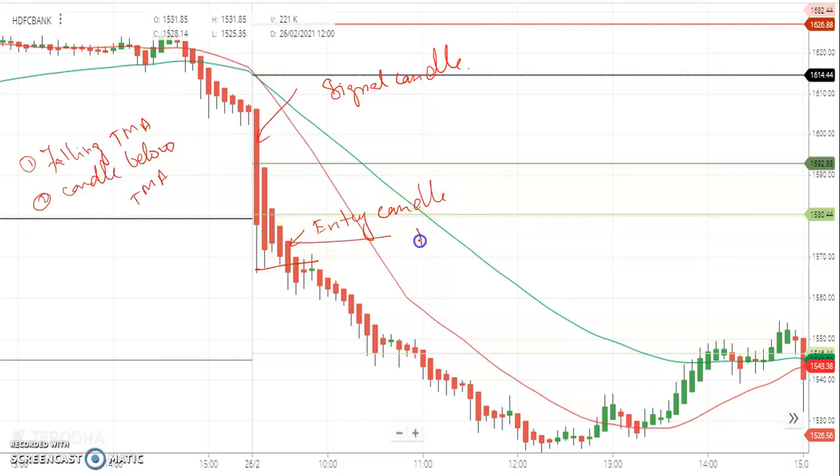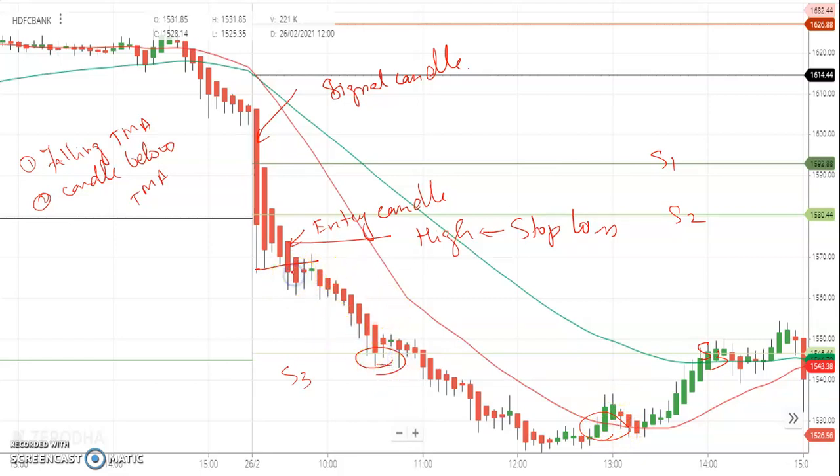The entry candle high is the stop loss. And as you can see, this is S1, S2 and S3. The target will be S3 initially, then trail the stop loss. It went even further down, and you can exit when the stock has a retracement near the 50 moving average.